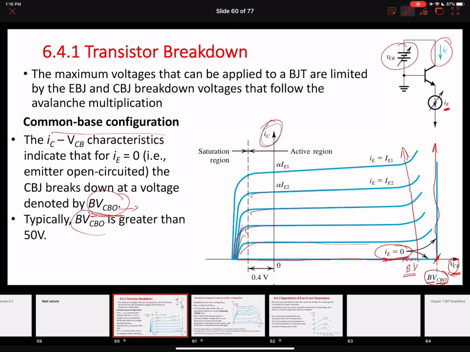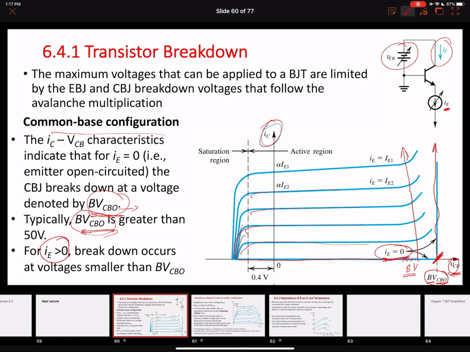The typical value of this breakdown voltage for the collector-to-base junction with the emitter open circuited is approximately greater than 50 volts. And as we just discussed, when emitter current is greater than 0, the breakdown occurs at smaller voltage values than BVCBO, with a slight continuous decrease in the breakdown voltages as it increases.